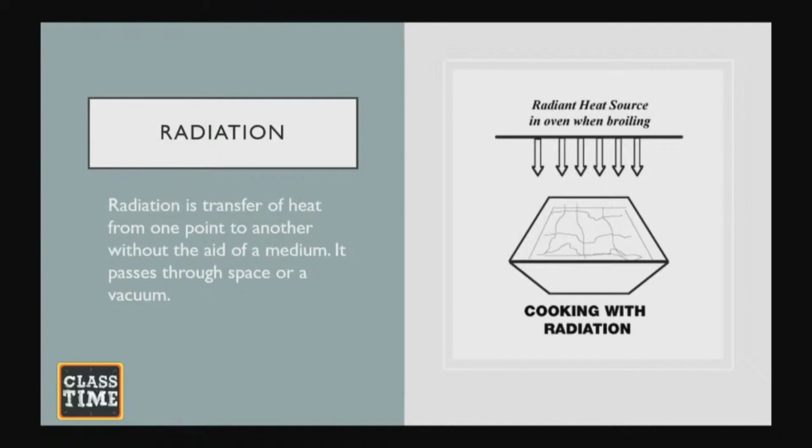I just turn on the gas stove and I use some chopsticks and I just put some marshmallow on it, and that is radiation. It's from the direct heat source. Sometimes you turn it on and you feel the heat coming off, and sometimes if you look closely at the heat, you'd see some waves coming off. You can know that the heat is very much alive and well coming out of it.